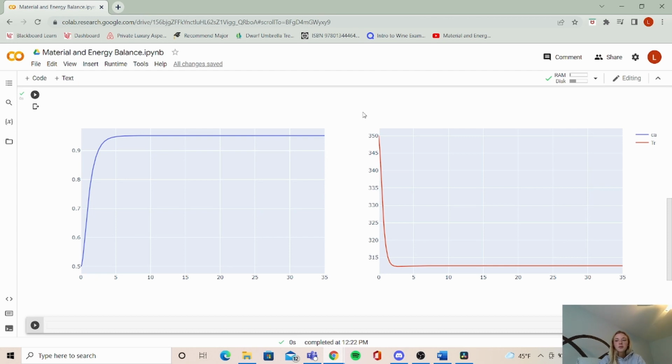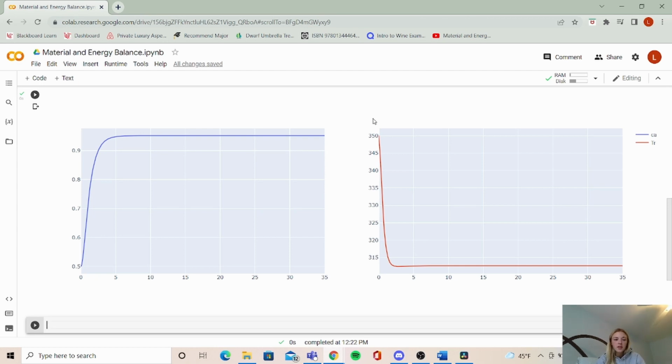So let's talk about what these graphs actually mean. So we can see on our graph to the right here, our temperature is decreasing greatly, which makes sense because we have the cooling jacket on our tank to cool down our reaction. And if we think about our Arrhenius equation, if temperature is dropping, that's going to mean that less A is going to be reacting because our K value is going to be really small, which is going to make our reaction rate really small.